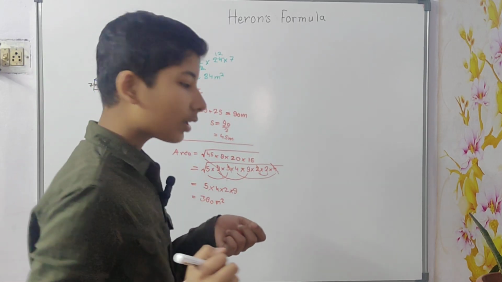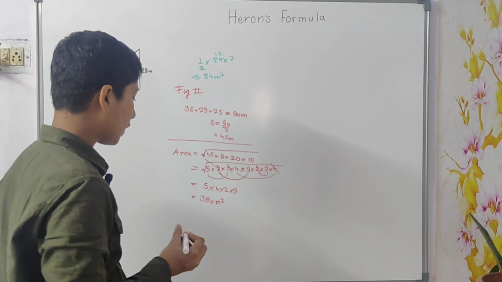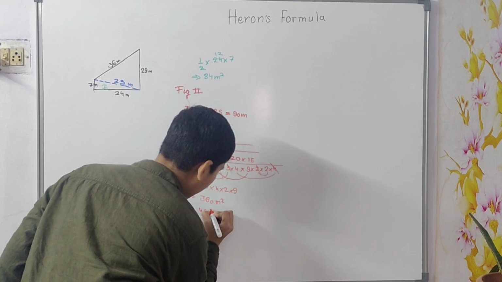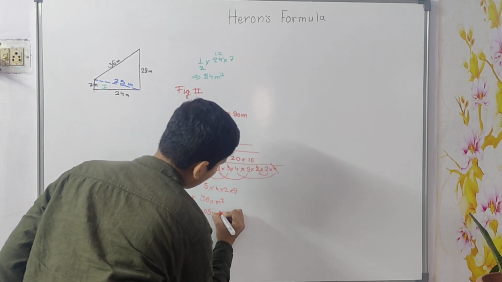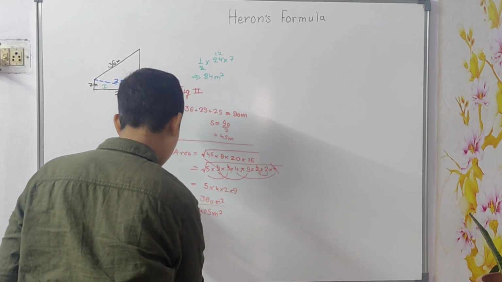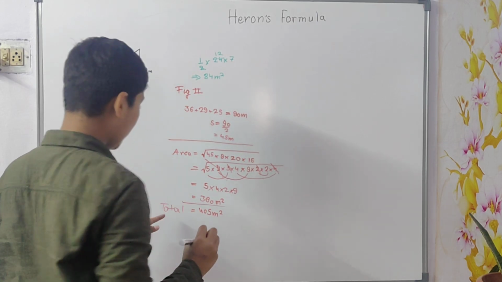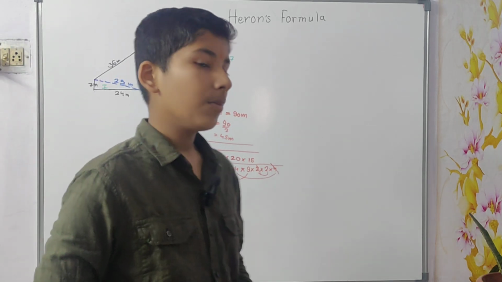Now our total area will be 360 plus 45, hence 405 meter square. Total area will be 405 meter square.